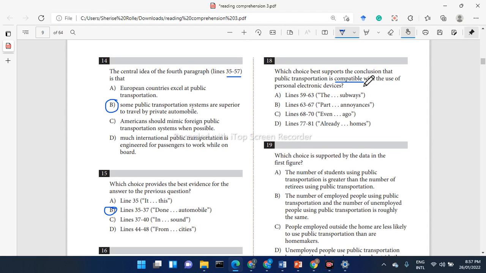When we say compatible, what do we mean? Close to or resembling? No, not relatability.